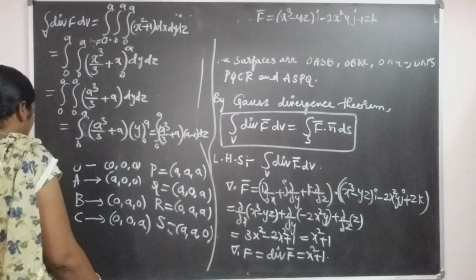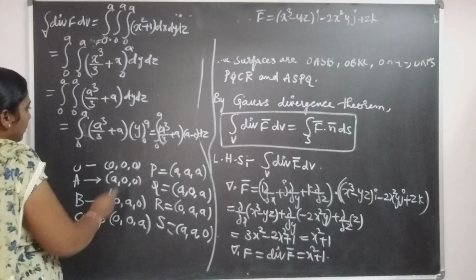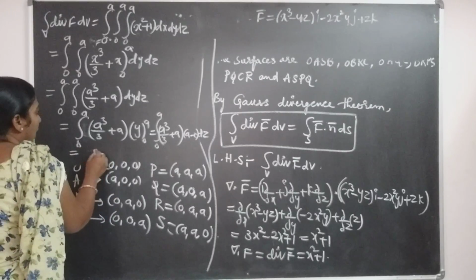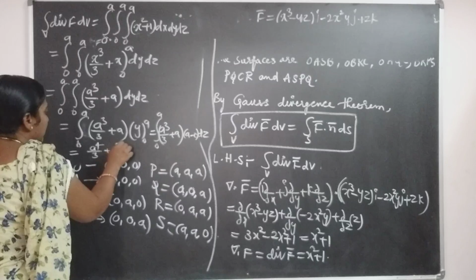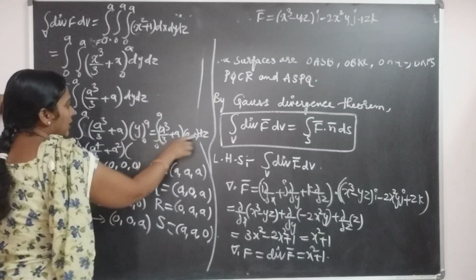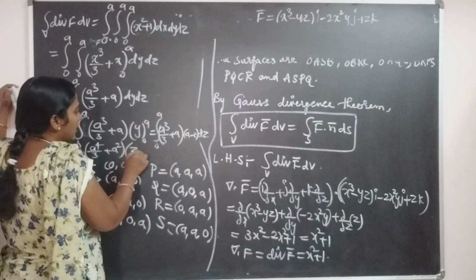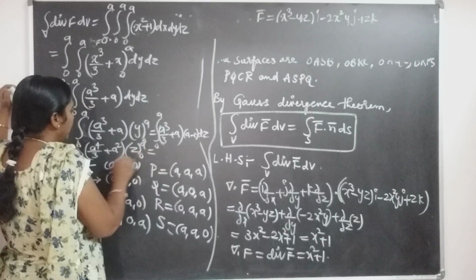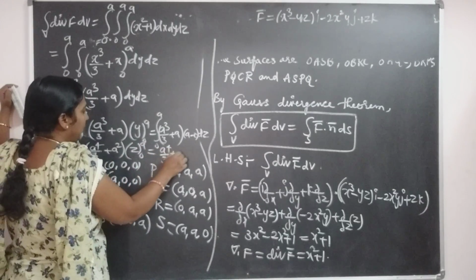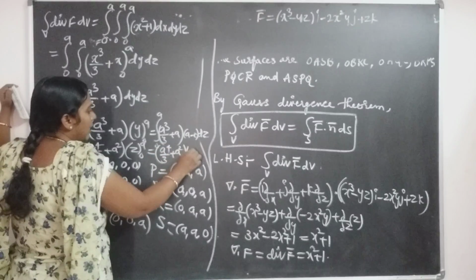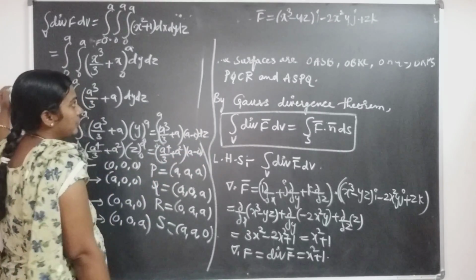That is equal to a power 4 by 3 plus a square. Again the integral of dz is z from 0 to a, that is equal to a power 4 by 3 plus a square into a minus 0.